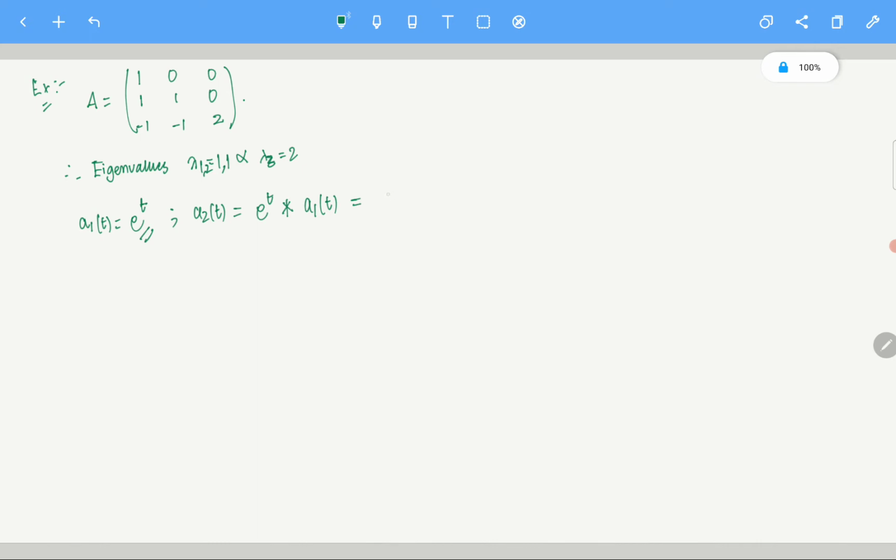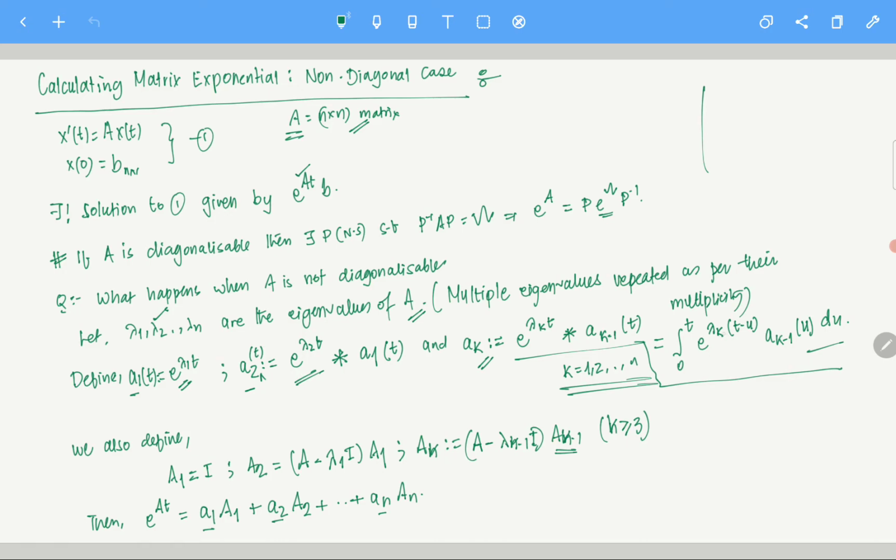I get the integral from 0 to t, by the definition. Let's look at the definition: this is lambda k, and in our case a2, so lambda 2 is 1.